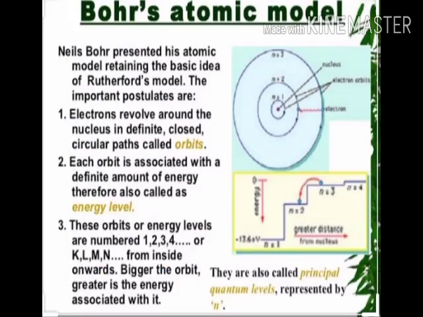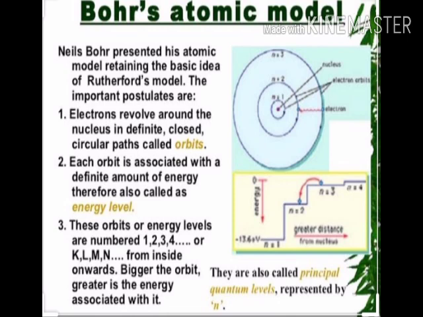Later on, the Bohr atomic model was presented by Niels Bohr, and he somewhat rectified the defects of the Rutherford model. His postulates are: number one, electrons revolve around the nucleus in definite closed circular paths called orbits. Each orbit is associated with a definite amount of energy, therefore also known as energy level.